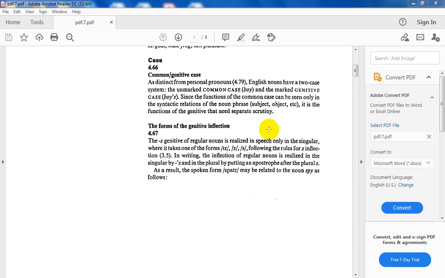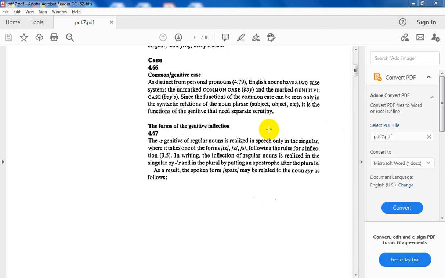The unmarked common case is the normal, usual form of a noun, which is called unmarked, like boy, girl, door, window, without any addition.